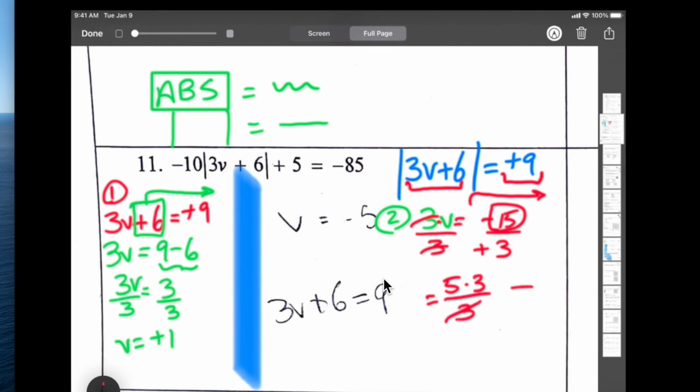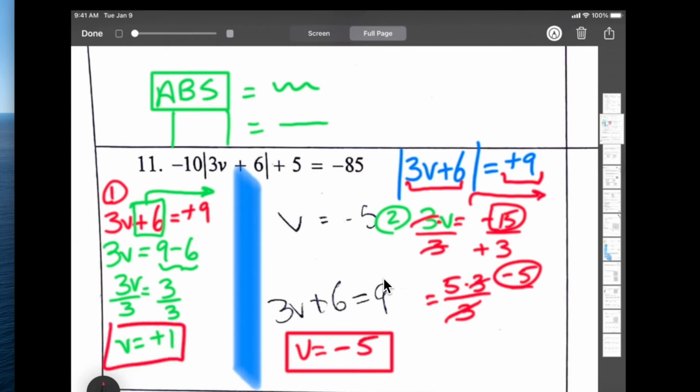Divide it by 3, we cross out the 3's, and we get 5. Negative 5. These are our two answers. Whenever we have an absolute value problem, unfortunately, we have to check both of these answers. How do we do that?